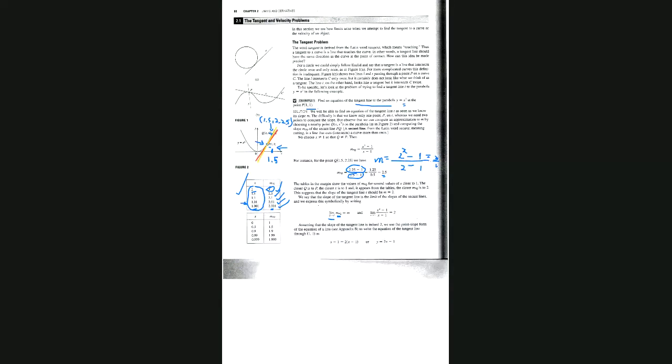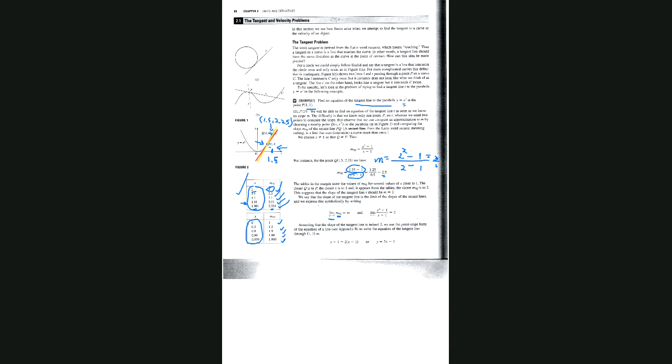But you could also approach x equals 1 from the left, and that's what they do in this second table. They compute 5 slopes of the secant lines, and those are also approaching 2.